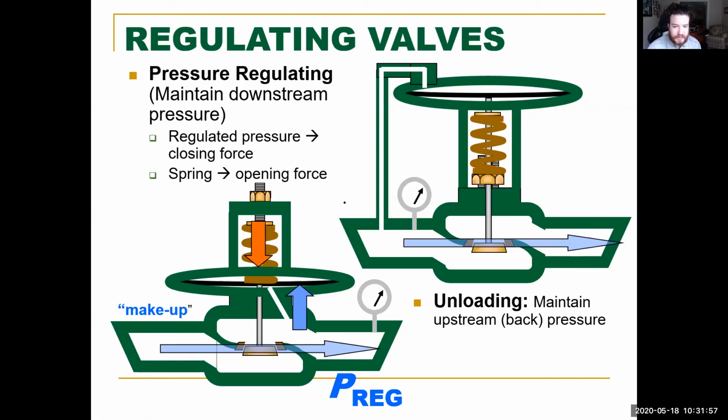So let's keep it the same. We want to keep 50 psi on this side of the system. So we want 50 psi, but let's say we have 60.